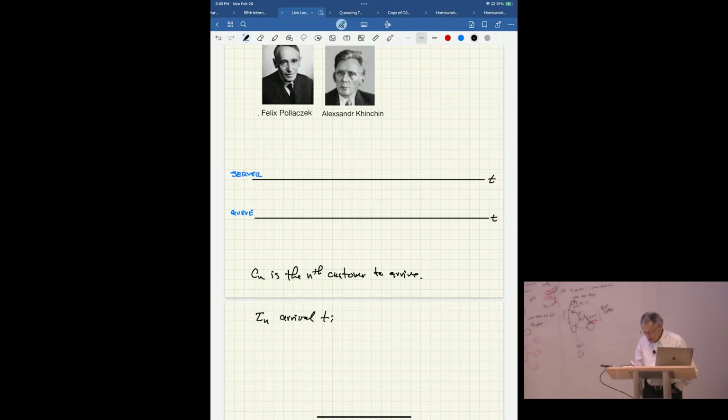I've told you about this before, I'm reminding you now. Little t_n is the difference between tau_n and tau_(n-1). Namely, it's the interarrival time, IAT, between C_(n-1) and C_n.